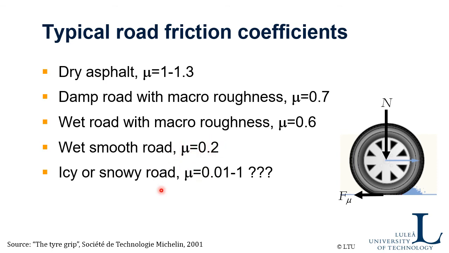And then also if you add some ice or snow and make it very slippery, then you may have a friction coefficient as low as 0.01 or so, and that is a really dangerous situation. Then the wheels will just slide, and the whole vehicle is just skidding, and you may lose your grip completely and leave the road in a bend or so.